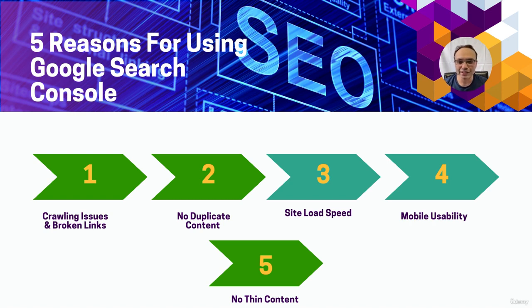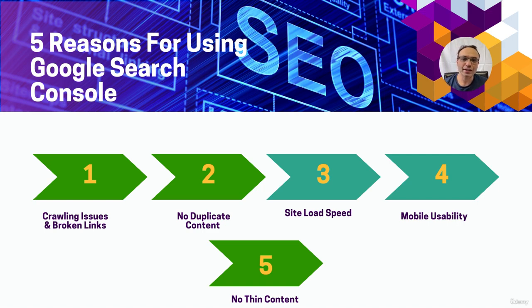Now, there are 5 reasons for using Google Search Console, and number one reason is to find out if there are any crawling issues or broken links present in your website. In order for your website to be discovered by the searcher, your audience, your prospects or customers, it needs to be crawled by the Google bots and spiders.